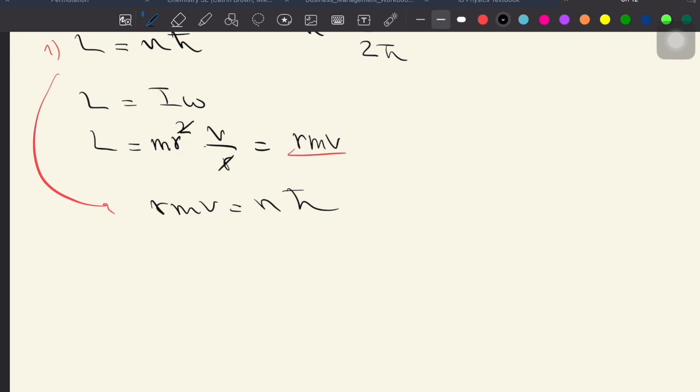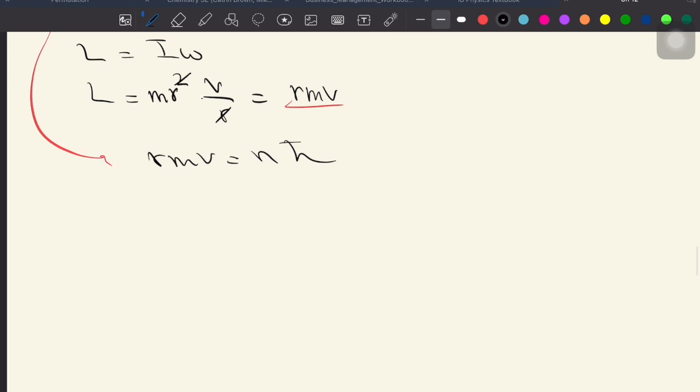Now, we know from de Broglie's hypothesis that every moving particle has wave-like properties characterized by a wavelength lambda. So from de Broglie, we know lambda is equal to h over p, where p is the momentum of the particle.